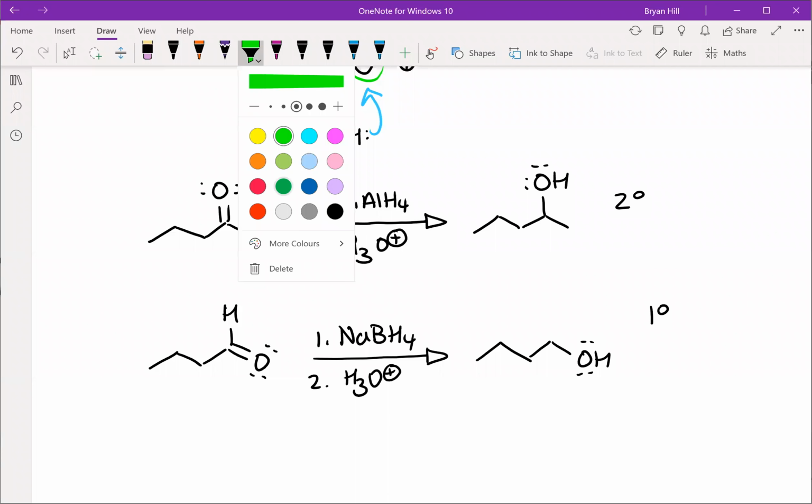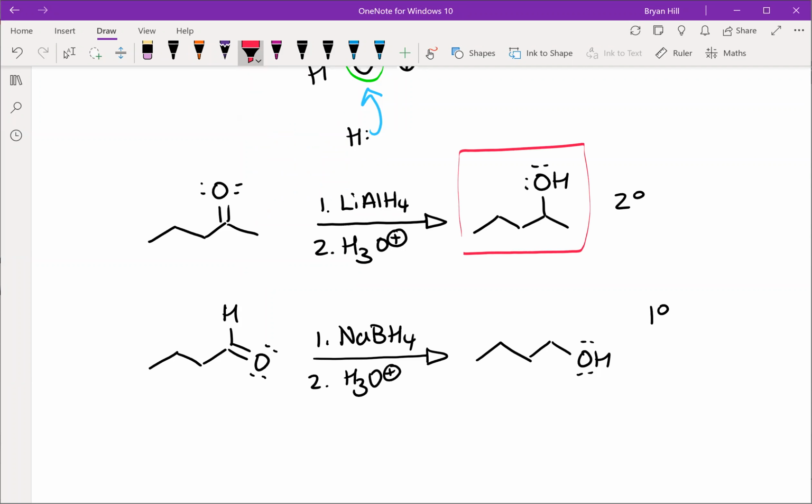Quick question. This product right here, what type of stereoisomers would be produced in this reaction to form the secondary alcohol? It would be a mixture of what?